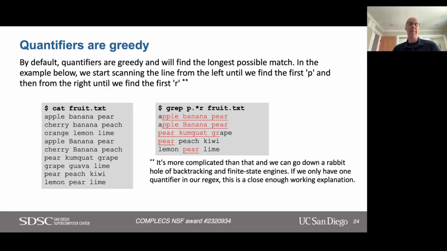Same thing in the second line. In the third line, we matched from that first P in pear through the R in grape. And the last two lines, we just matched pear. So keep in mind, by default, quantifiers are greedy. They're going to look for the longest possible match.